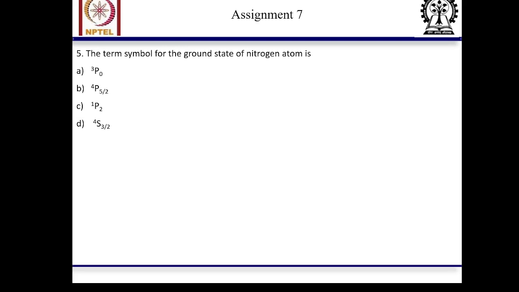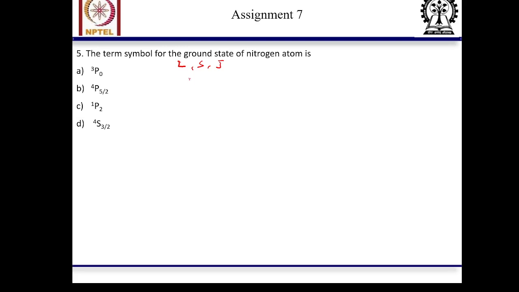Okay, so let me go over the rules. What is the rule for L and S?